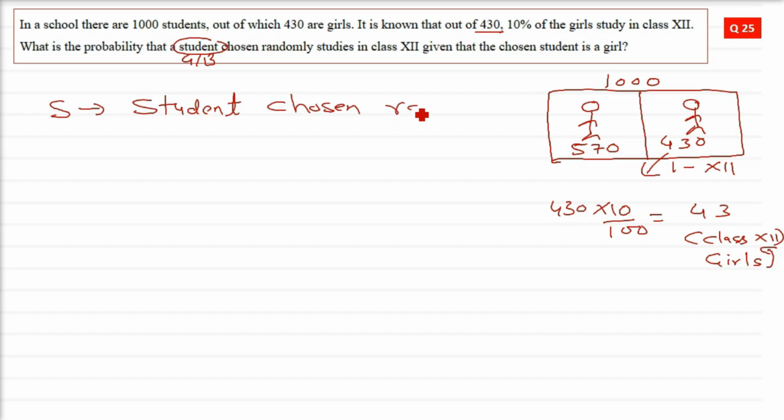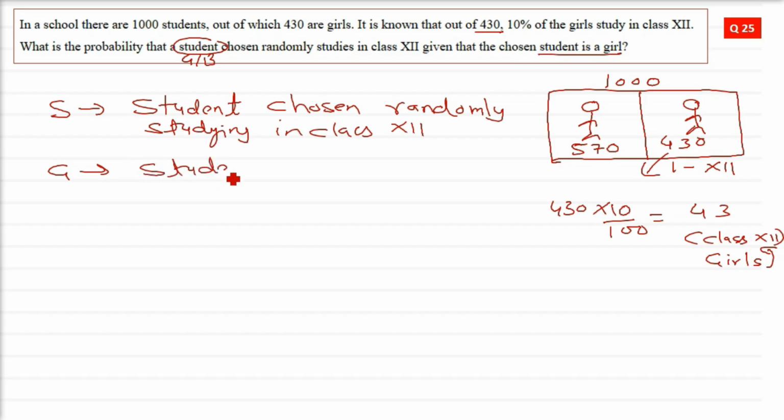So let's start with S, student chosen randomly. Again, I'm saying it can be a girl, it can be a boy. So student chosen randomly studying in class 12. First, it is known that it is a girl. So we are making G now. G is student is a girl. So S by G, this is a conditional probability. So that's how S by G will be computed.